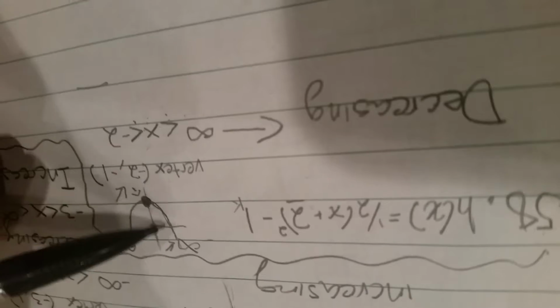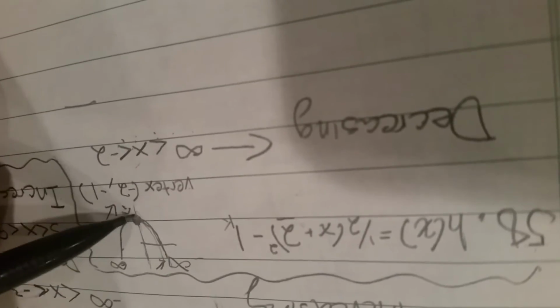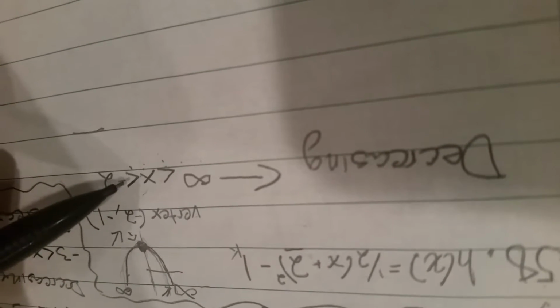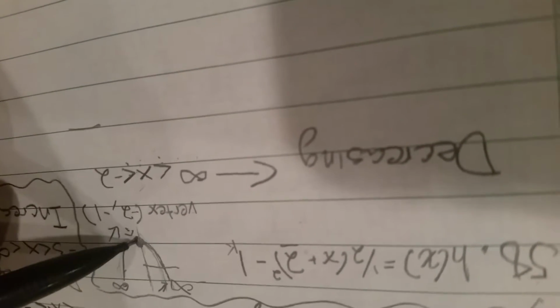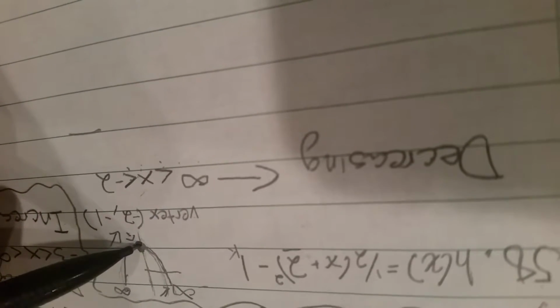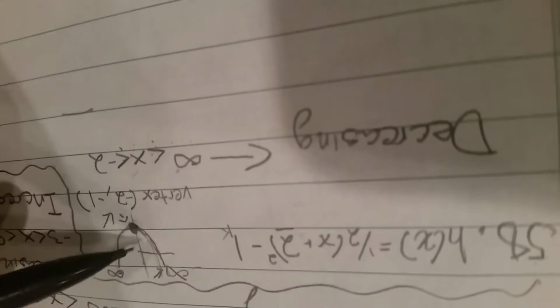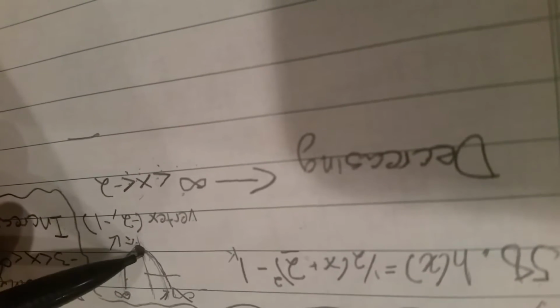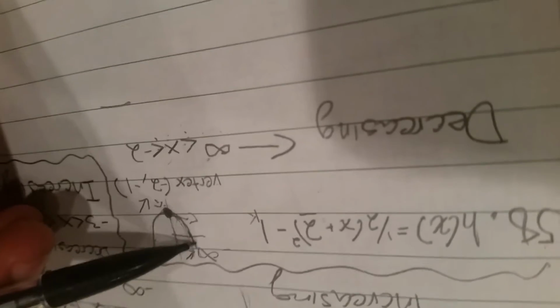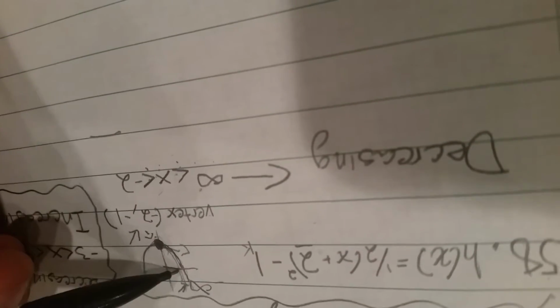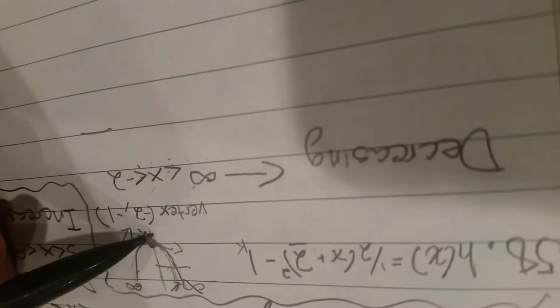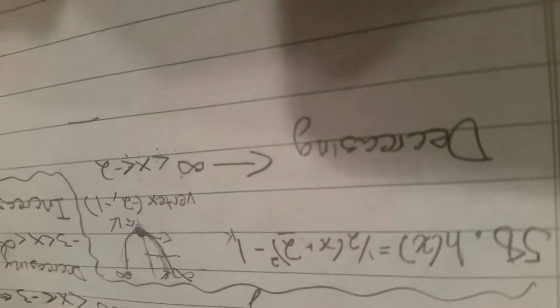We're saying that any point on this line that is less than -2 and greater than infinity, so that means from this side on, but greater than infinity, which is infinite, on this graph is decreasing. So that means we could just flip it around and write increasing down.